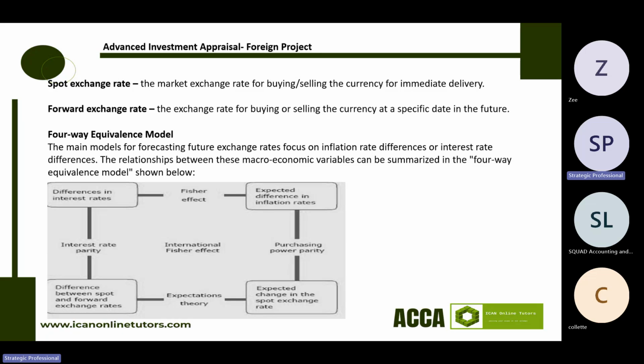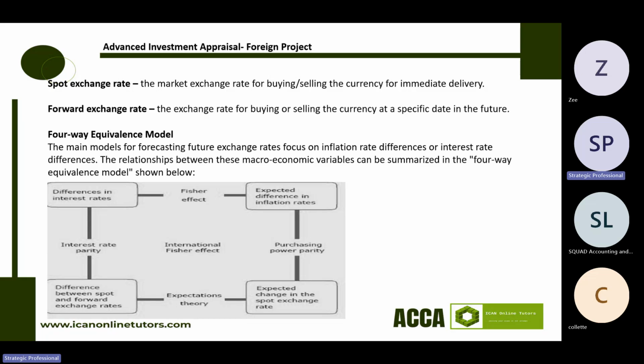I know you are very good on treasury management now, so all this I'm saying, you've gone past this. So now let's move on. When we talk about the four-way equivalence model, the main models for forecasting future exchange rates focus on inflation rate differences or interest rate differences, right? That is one of the ways people use in forecasting exchange rates, even what is currently being done at the moment.